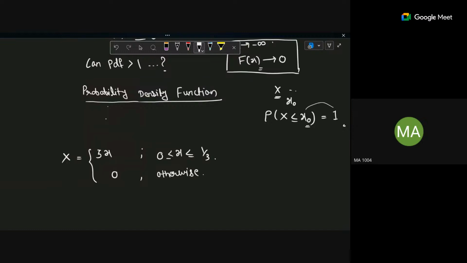Then first check whether it is a correct distribution or not. Let me just change it a little bit.